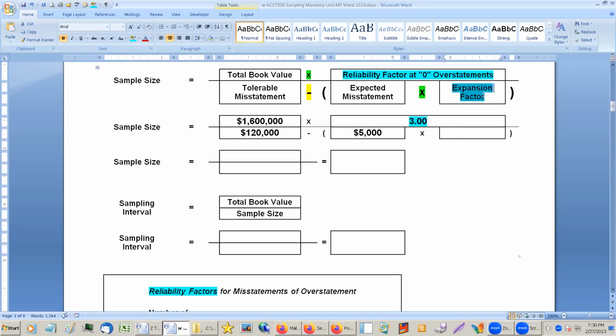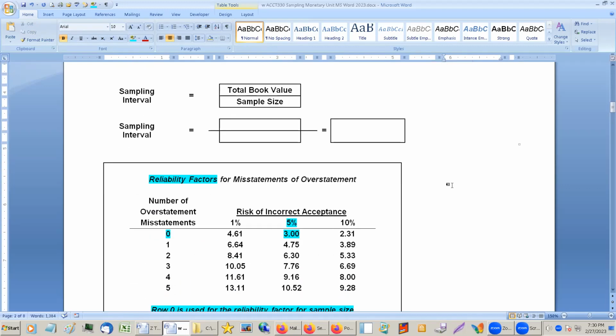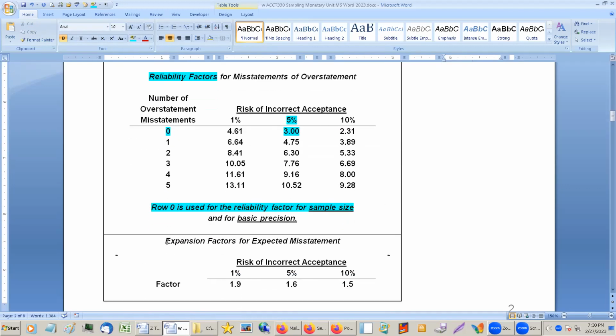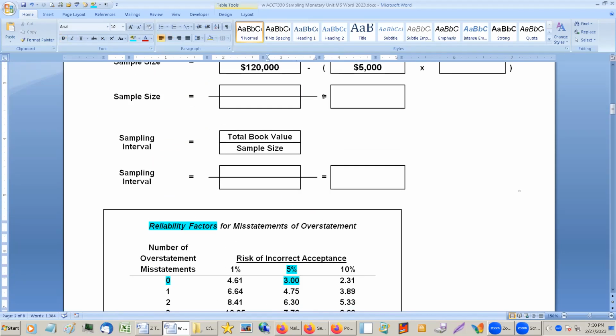And now we need the expansion factor. So we go back down here. Expansion factor is a little bit easier in that there's only one expansion factor for each percentage. And in this case, it's 1.6. So we need this table, basically.